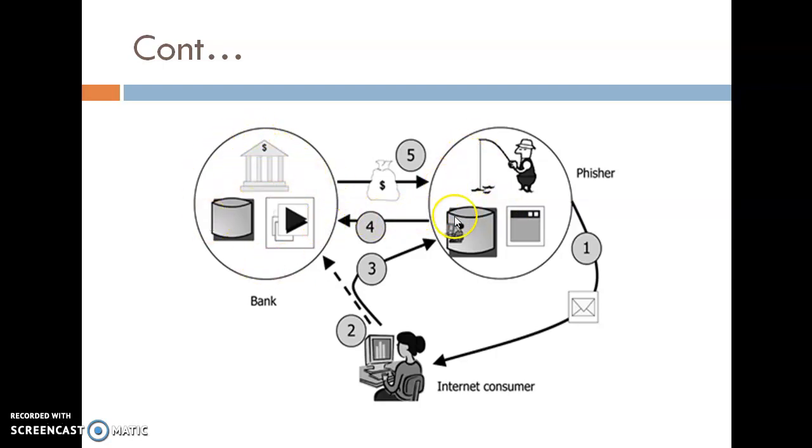Using them, the phisher gets access to this bank account. That is the fourth step, and finally he gets the money from the bank into his account.